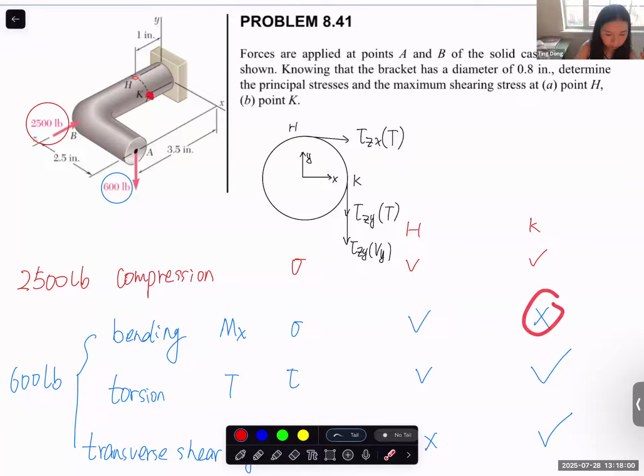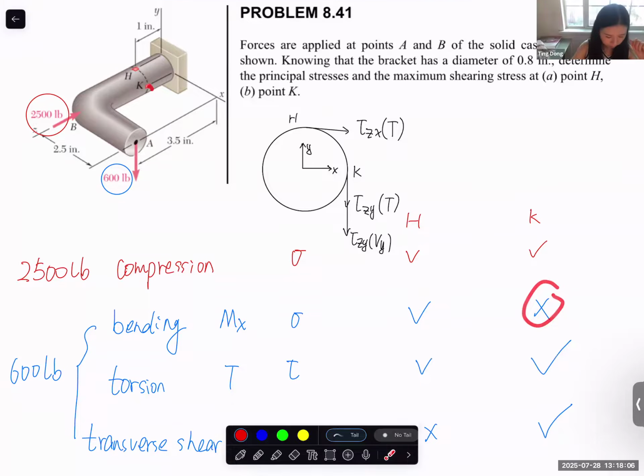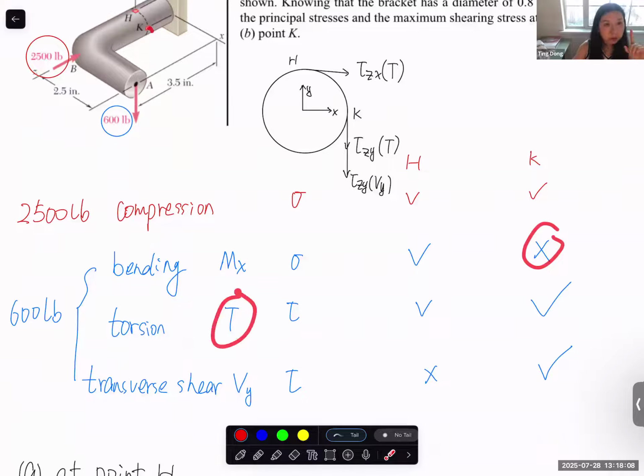The K point is on the neutral surface, so it's 0 for normal stress caused by bending Mx. Torsion, remember the stress distribution? Both H and K are on the outer surface, so they have the maximum magnitude of shear stress caused by torsion. All of them are non-zero, they are the maximum.